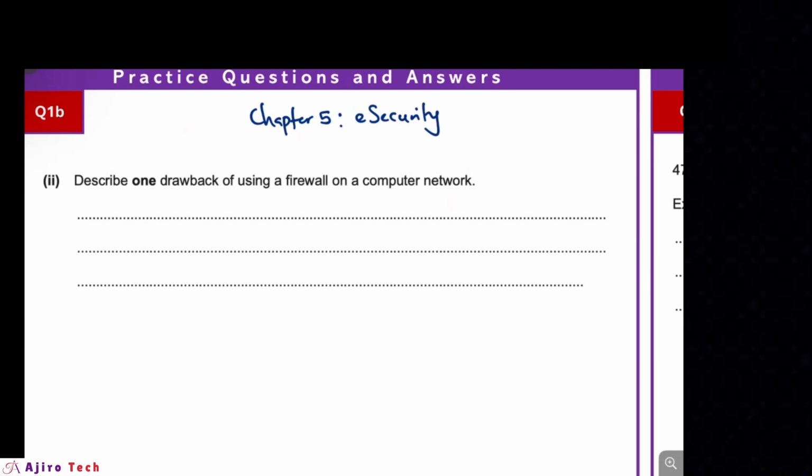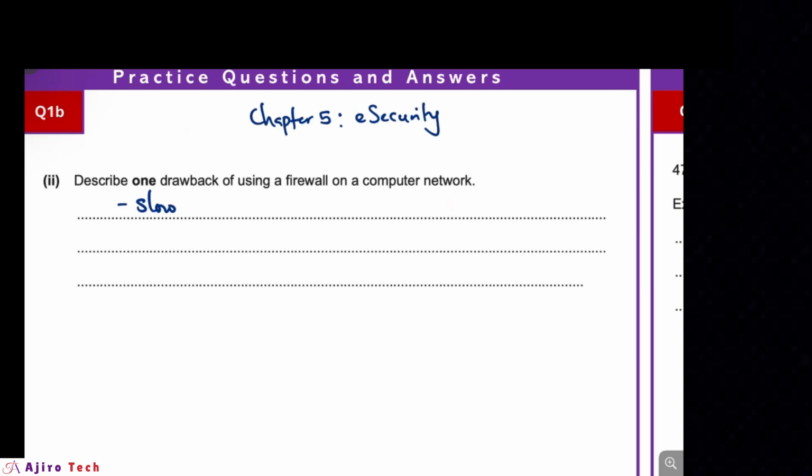Now, one drawback is that it filters incoming and outgoing traffic, so it can slow down network performance. Because every packet that is coming in has to be checked before being allowed, and it does this continuously. So that's one drawback.